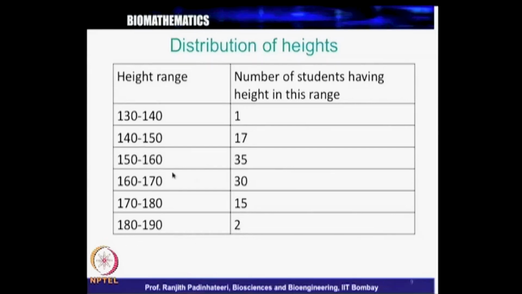So a large number of students are in the middle, and a few students are very short or very tall. Very tall students, only 2; very short, only 1 student; and all else somewhere in the middle. This is the typical data that you expect.